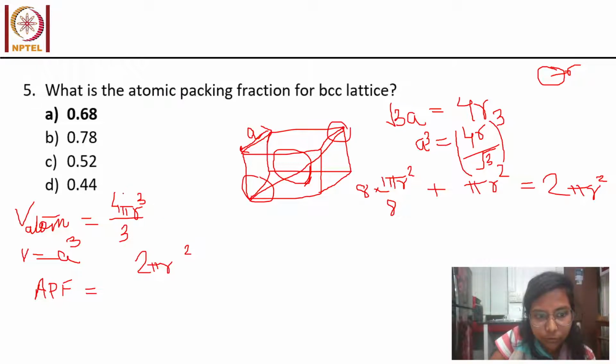So volume is 4 by 3 pi r cube for a sphere. So we have 1/8 of that.